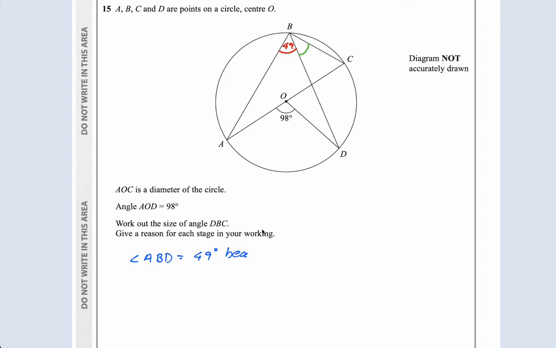So I have to say because angle at center is double angle at circumference. So that is a circle property that you need to know.